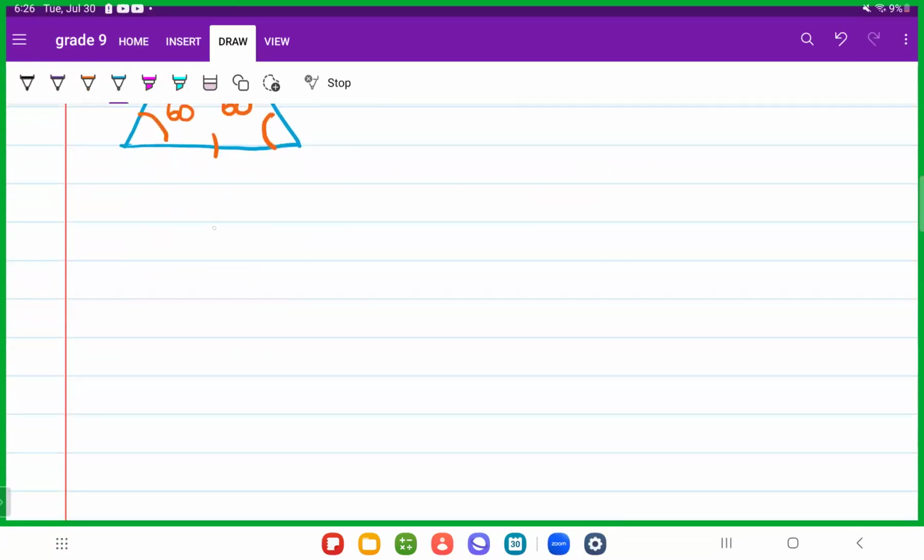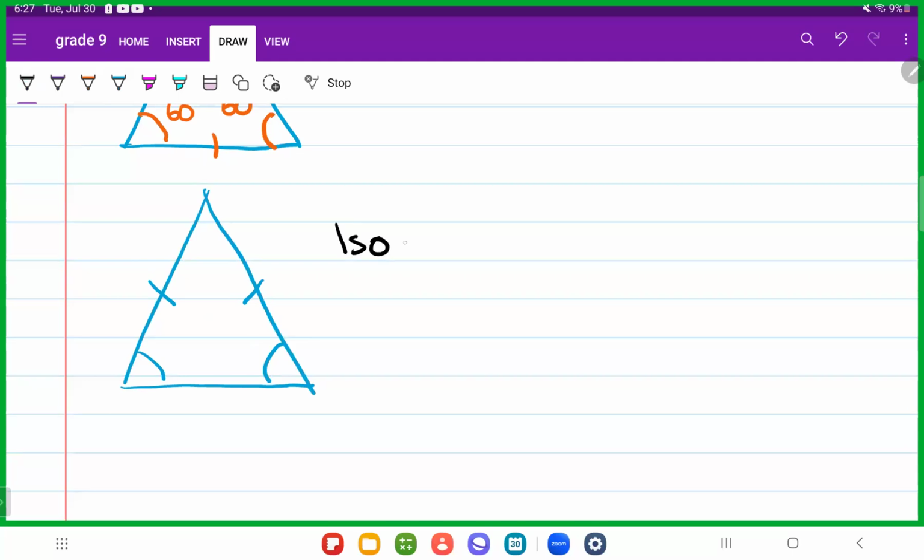Let's talk about isosceles. Do you know what an isosceles triangle is? Only two sides are the same. Yes, two sides are the same. That means these two angles are the same. This is an isosceles triangle.